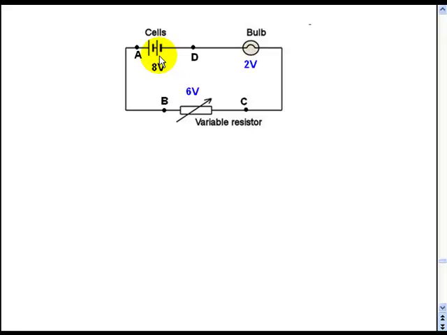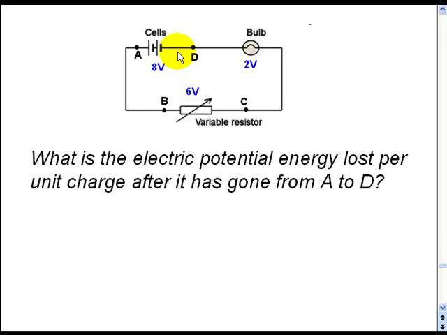As a final check of understanding, do try to answer these 2 questions. First question: what is the electric potential energy lost per unit charge after it has gone from A to D?